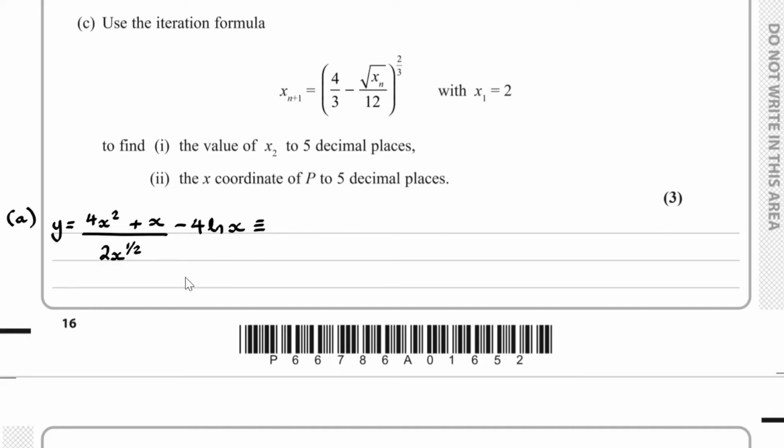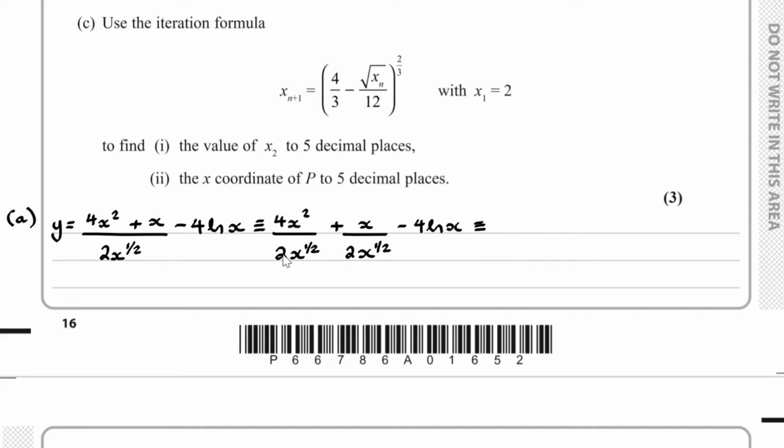And we can use the laws of indices to simplify all this. Of course, 4x squared plus x over 2x to the half is the same as 4x to the power of 2 divided by 2x to the 1/2, plus x over 2x to the 1/2, minus 4 times the natural log of x.